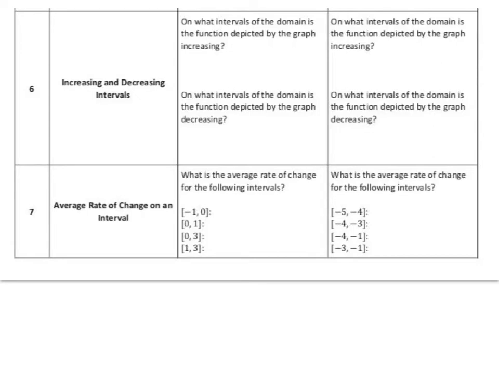Okay, this is where things get just a little bit sticky because we've never done anything like this before. Increasing and decreasing intervals. If we look at the first graph, it looks something like that. On what intervals of the domain, which is your x value, is the function depicted by the graph increasing?